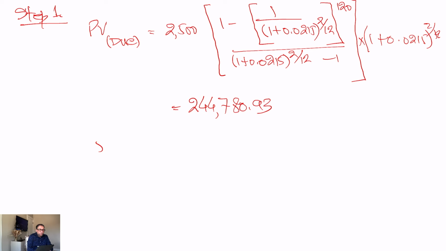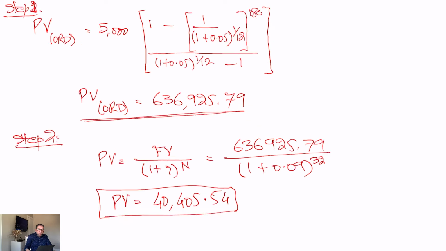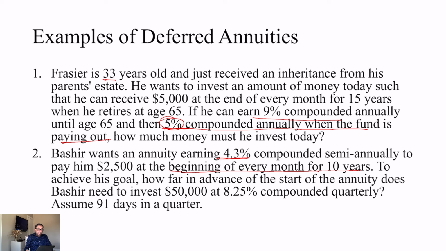He wants to invest 50,000, which is going to become 244,780.93 after how much time? That is 244,780.93 divided by 1 plus the interest rate of 8.25% compounded quarterly.